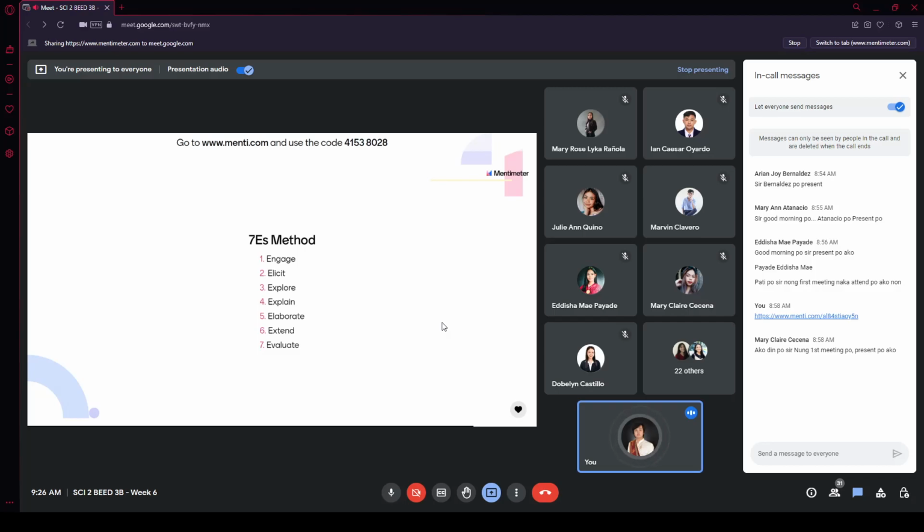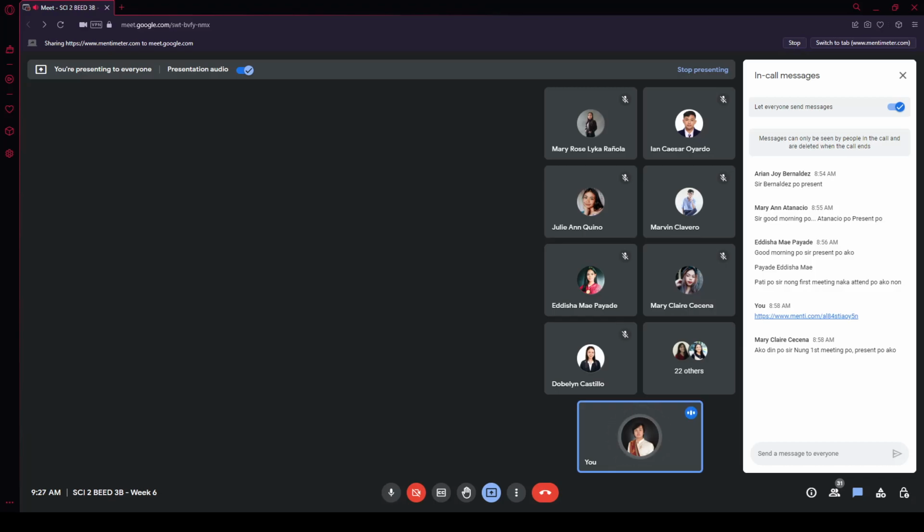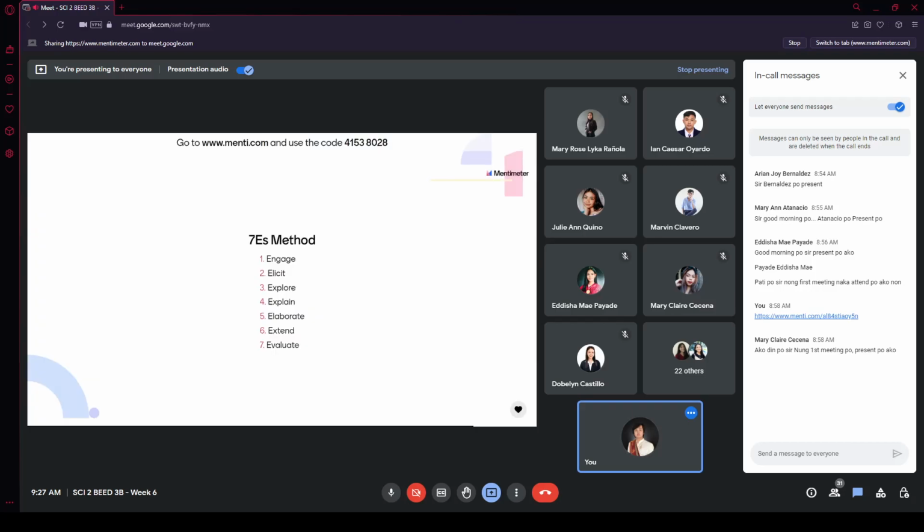They would give you a general idea of what you should do in this step, but not the exact steps, right? Okay. So you can actually use this one for your lesson plan instead of 5 E's. So we have engage, elicit, explore, explain, elaborate, extend, and evaluate.